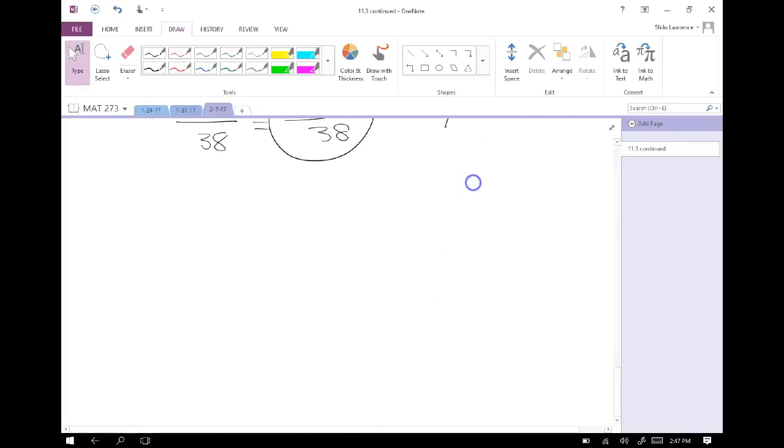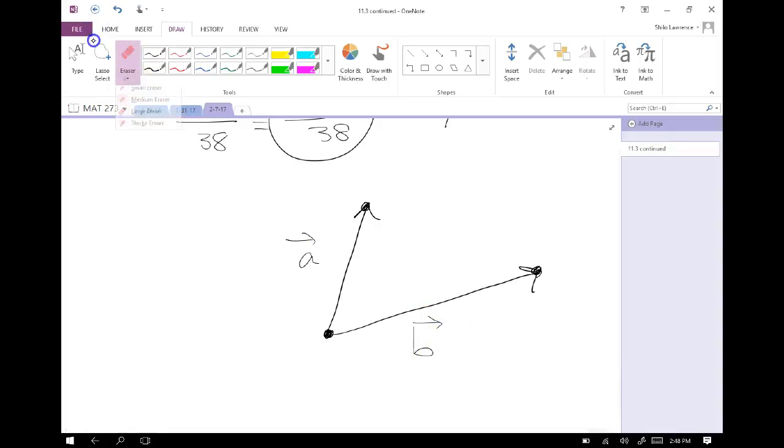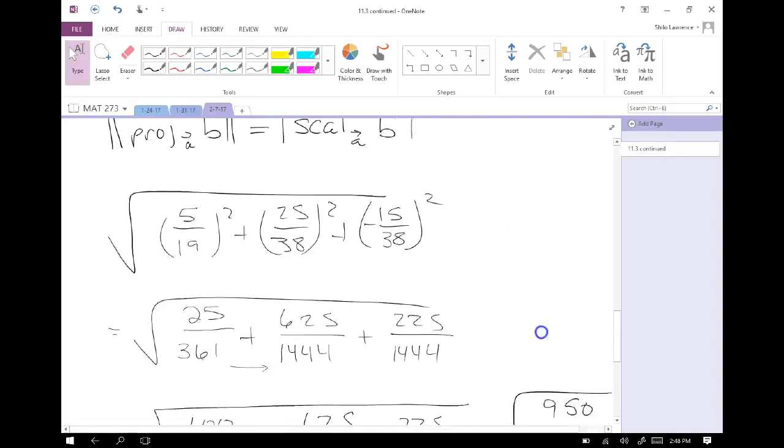Oh, yeah, sorry, proof. So these are not the A and B vectors, but just as a reminder, let's say this is the A and this is the B. The vector projection, what did we do? A onto B or B onto A?